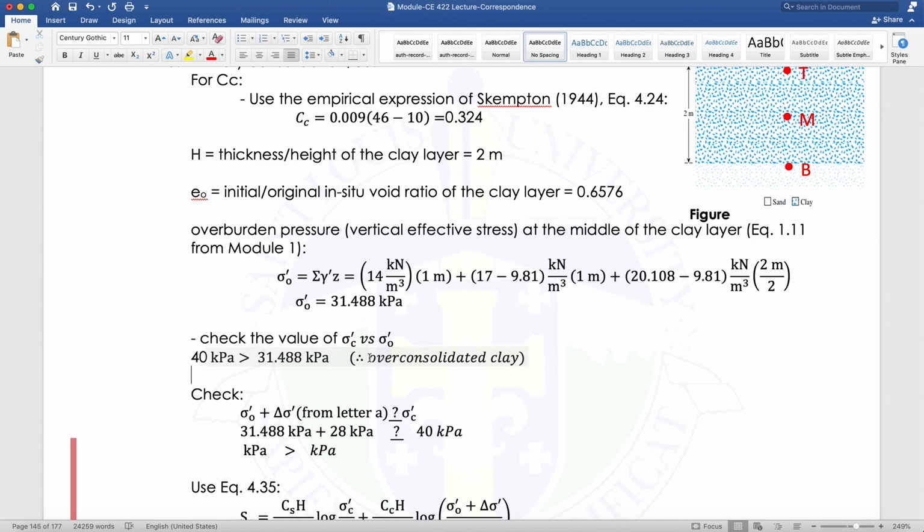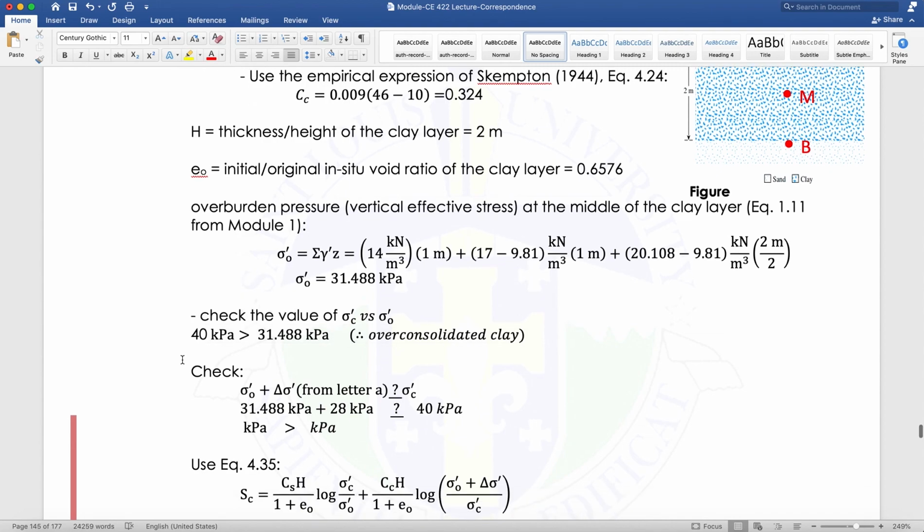It means it is over-consolidated clay. Now, since it is over-consolidated clay, we use, for primary consolidation, the over-consolidated clay case. Okay, then from there, we check if we're going to use the shorter equation or the longer equation.